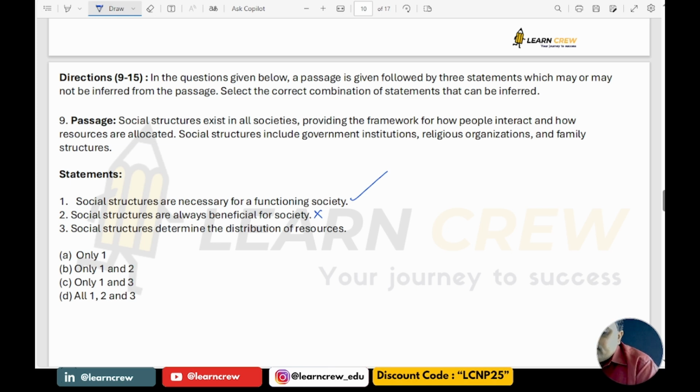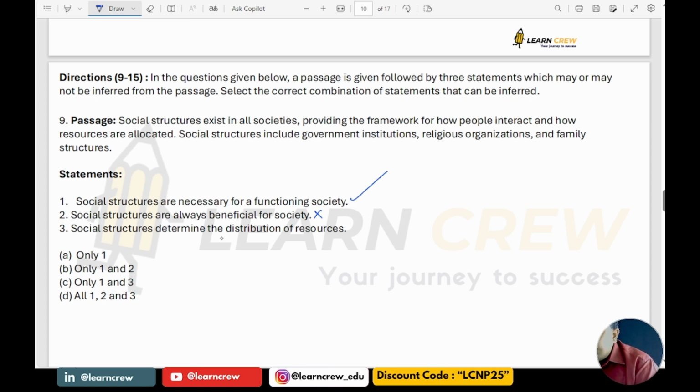What about 3? Statement 3 states that social structures determine the distribution of resources, which is also correctly inferred from the passage. Social structures exist in all societies, providing the framework for how people interact and how resources are allocated.